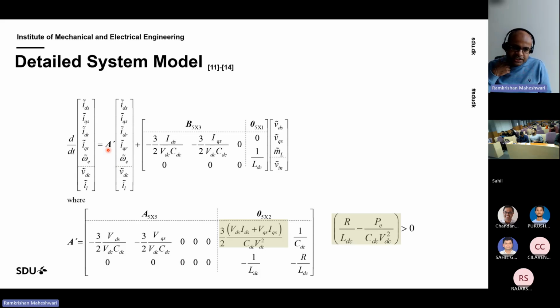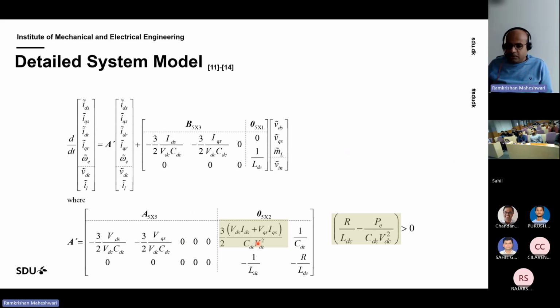We don't have to go into detail about all these things. We just know that we have two stator currents, two rotor currents, one speed, DC link voltage, and the inductor current. So we have a state variable vector which has 7 variables. So it becomes a large matrix.